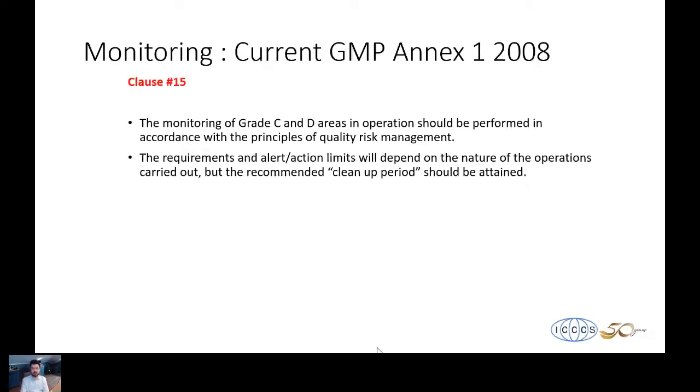In fact, most of the time the risk-based approach is mostly focused on the grade A and B areas, for example, aseptic processing or aseptic manipulation, which all go under these grade A conditions. That's why most of the risks are in the A and B areas.